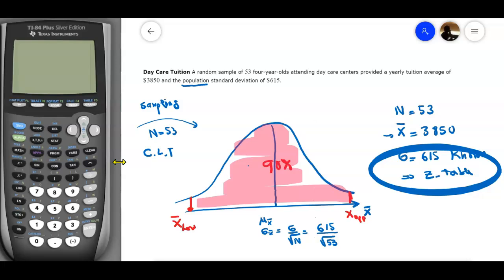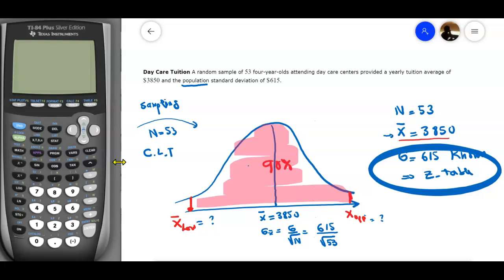So I am looking for these two values. Now, how can I do this one? We're going to assume the value x bar in the middle, which is equal to 3850, and we're going to look for these two values, this one and this one.